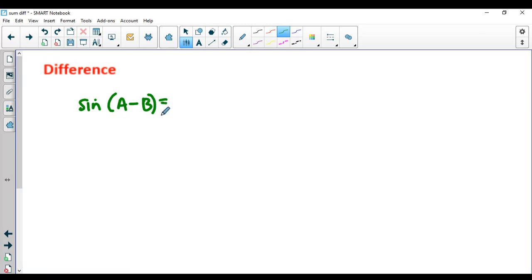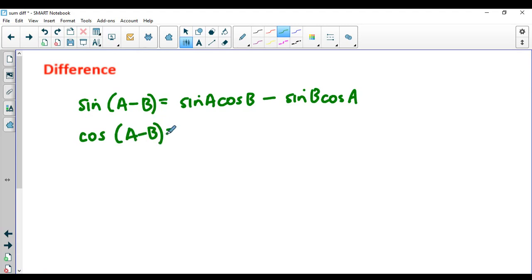We have the sine of A minus B: sine A cos B minus sine B cos A. And for cosine, it's the opposite, so we have the plus: cos A cos B plus sine A sine B.